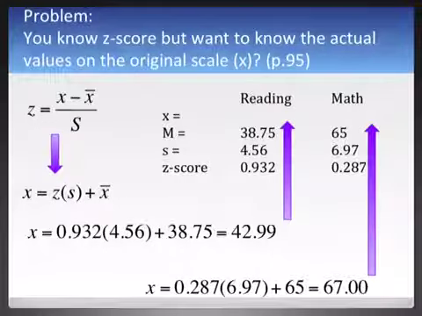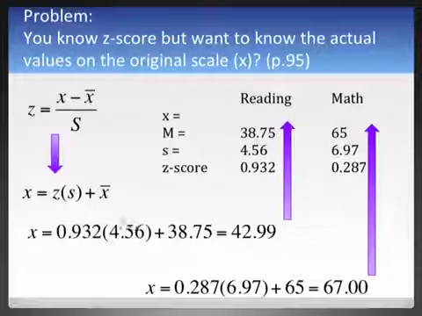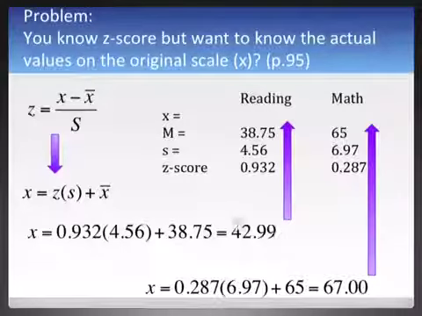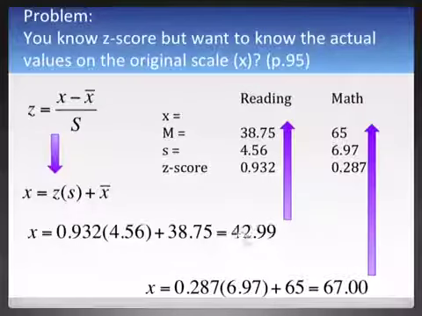Now we can figure out that if we know the z-score, it will be 0.93 times the standard deviation plus the average, which would give us the actual score for the individual. So here we figured out that the score had to be 42.99, and we started out with 43, close enough. Same thing for math, it was 67.